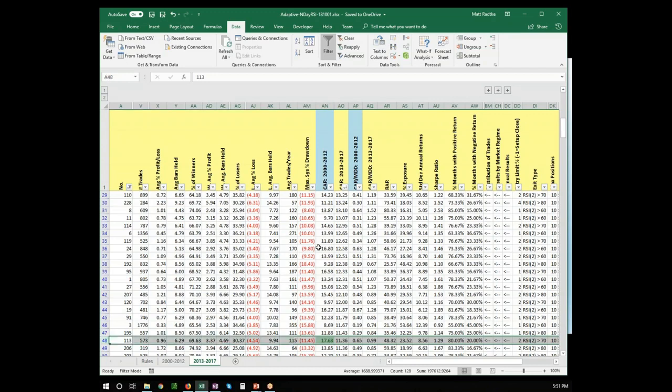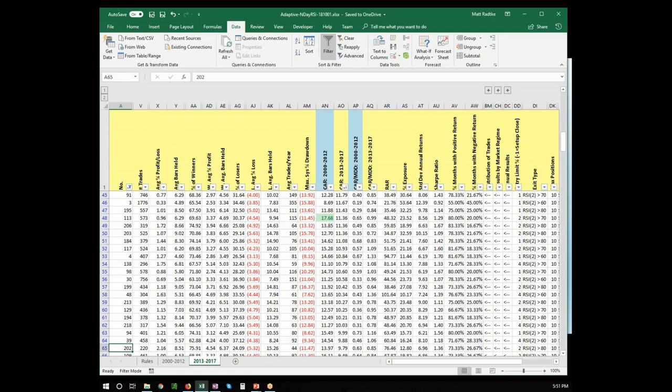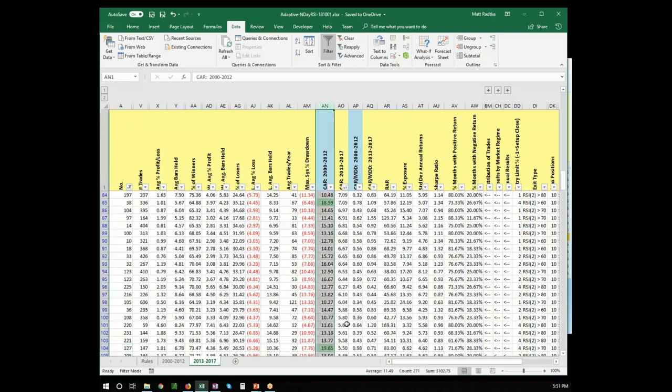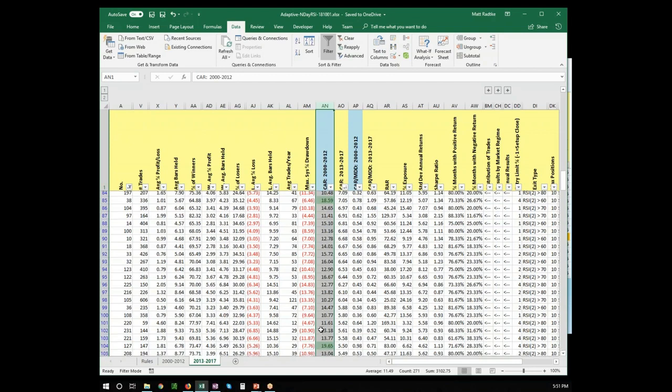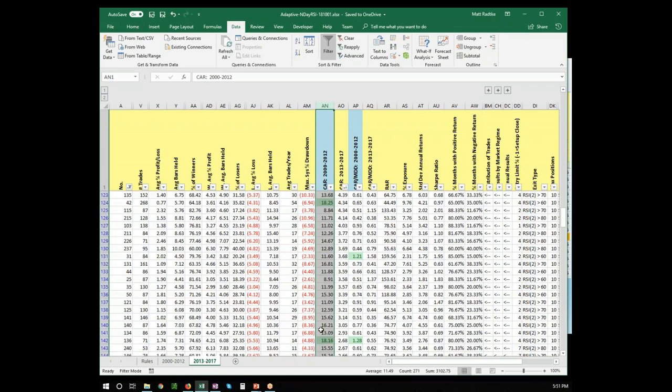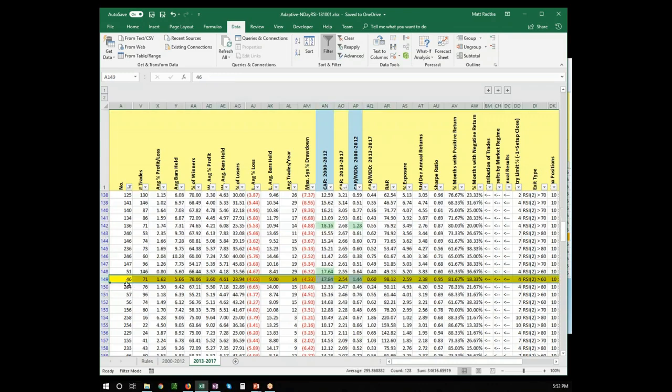Basically, with one row for the header, there were 46 better variations in our new time period. If we keep scrolling down, we see a few more green cells in column AN, the 2000 to 2012 line. But we have to keep going down and down. And finally, down here at row 149, we find good old variation 46. So this is the one that we decided on New Year's Eve 2012 that we were going to trade.